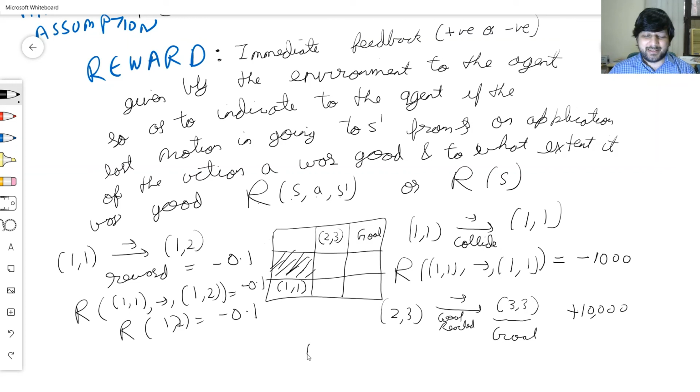No more worries in life. So from 2, 3, I take the action right. I reach the goal. The reward is plus 10,000. I'm very happy I reached the goal, which is what you would be when you pass the AI course and you'll be done. So you reach the goal, you're happy, it's a plus 10,000 reward.